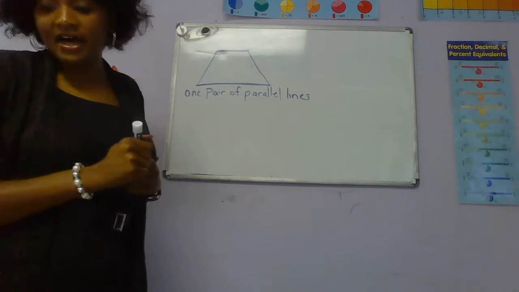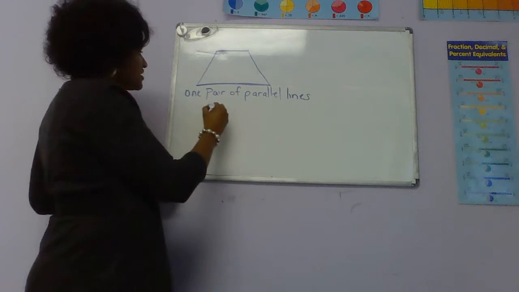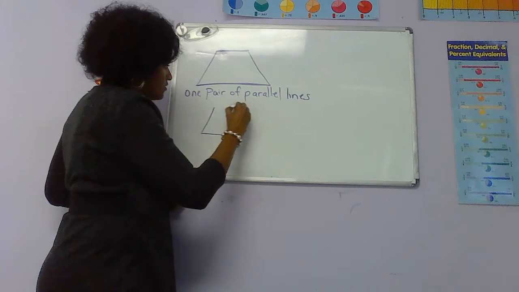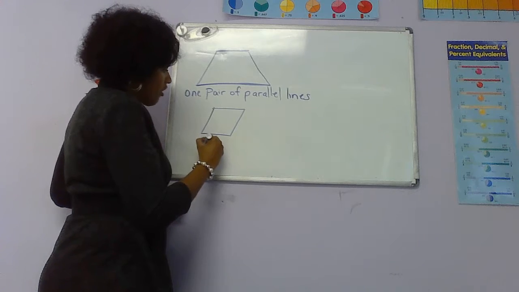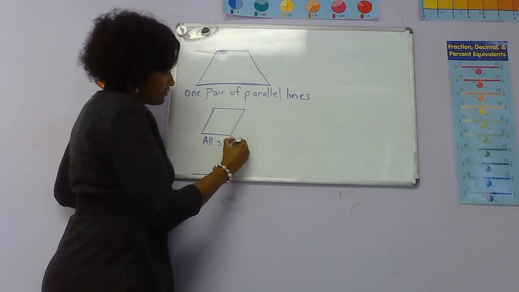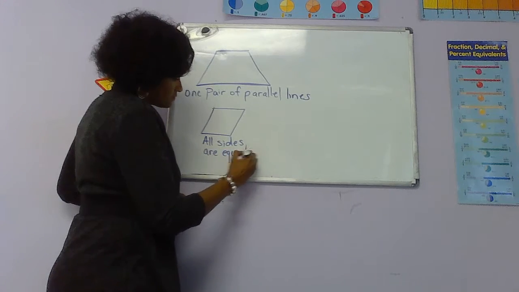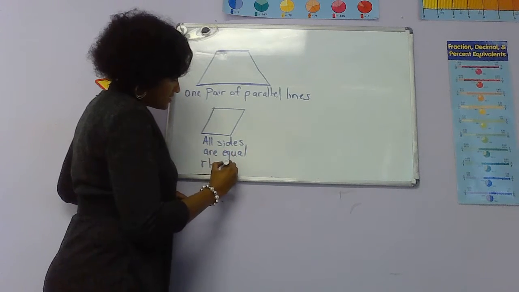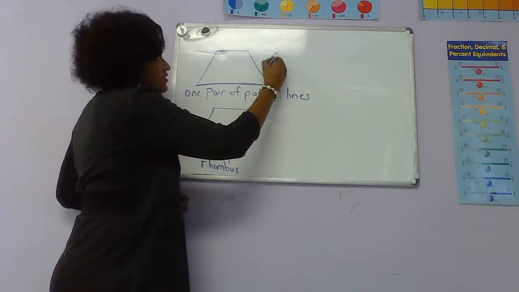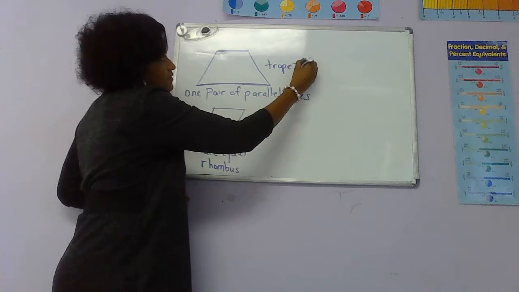We also have our rhombus. All sides are equal in a rhombus. So this is our rhombus. All sides are equal. This is our trapezoid.